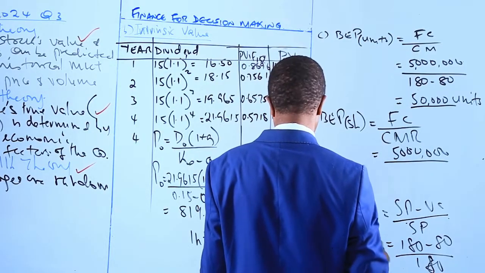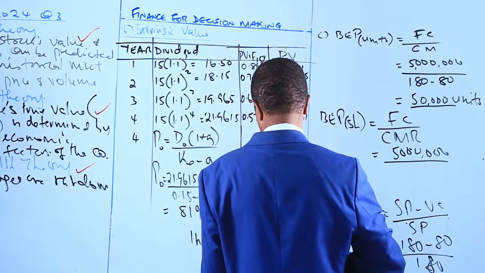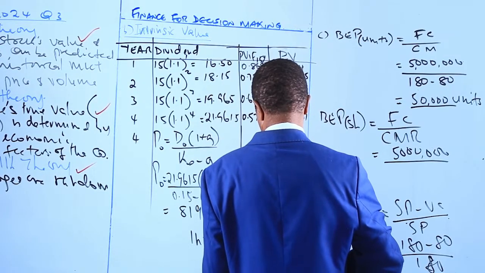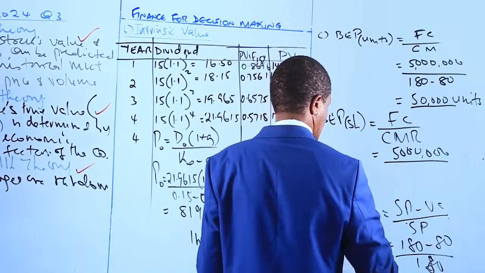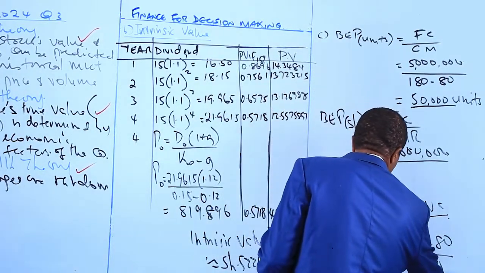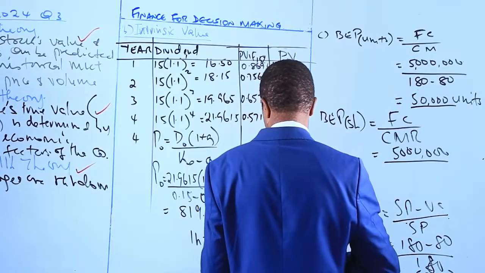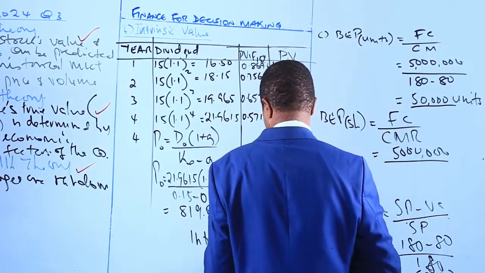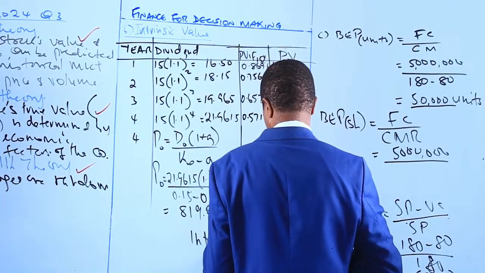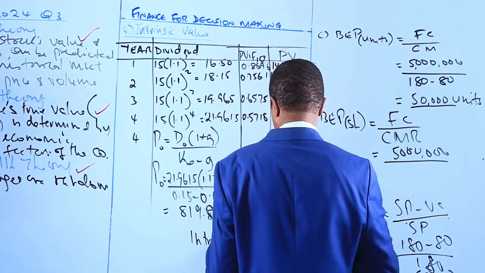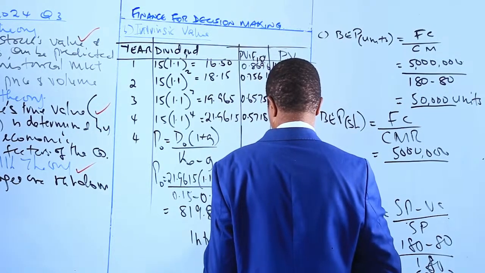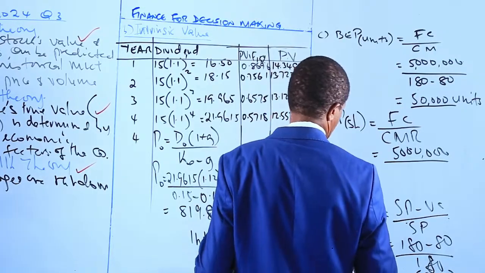This is equal to 0.55555. So I'm going to divide the 5 million by that ratio. 5 million divided by 0.55555. So roughly I'm getting 9 million.